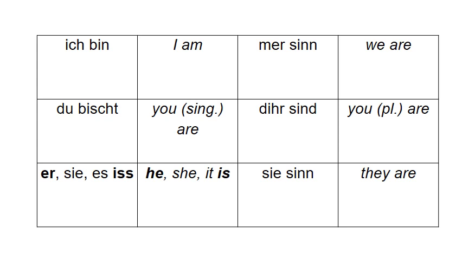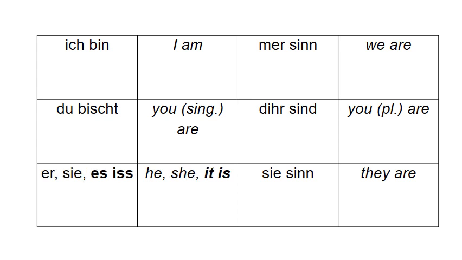To say he is, you say er ist. Remember that sound, the spelling er makes the sound a. Ist. She is, pronounced sie ist.